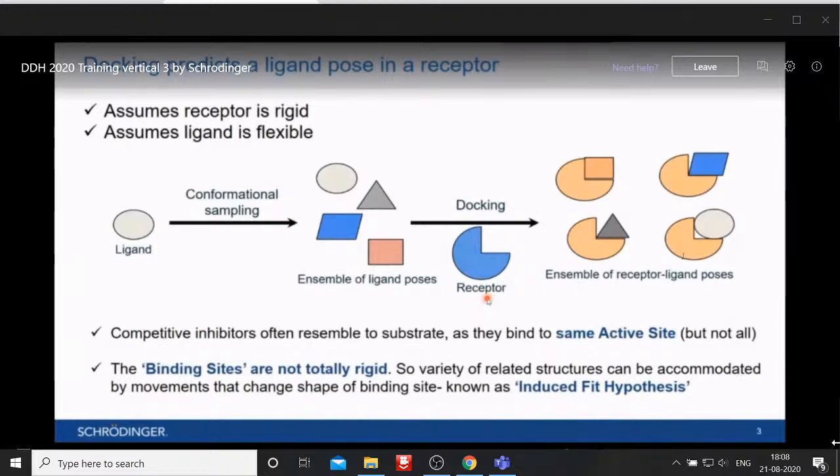There are no conformational changes happening in the receptor while doing molecular docking. But for the ligand, the key, there are various possible conformations, and we explore all those conformations in the docking program. That is why traditional molecular docking is called rigid receptor docking. The ligand is flexible, but the receptor is rigid.